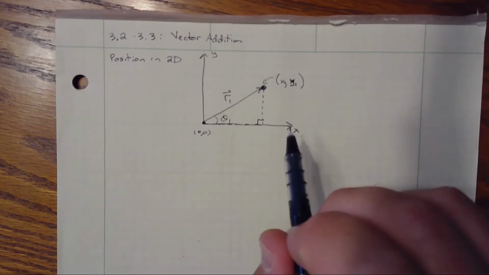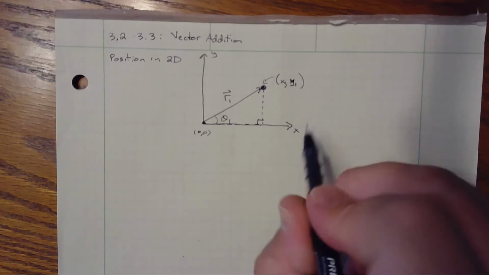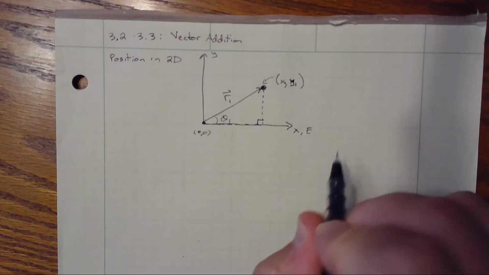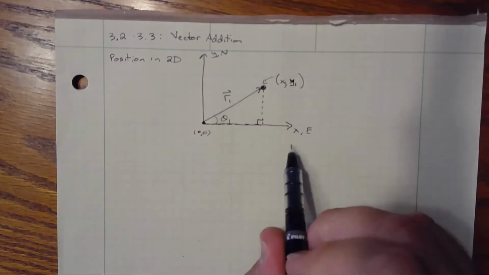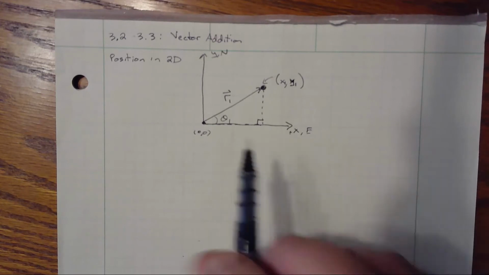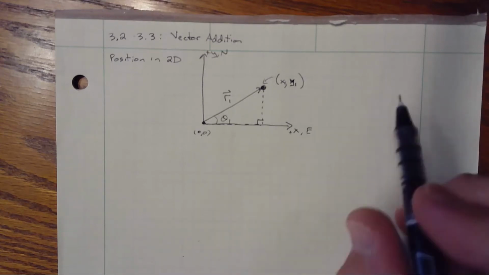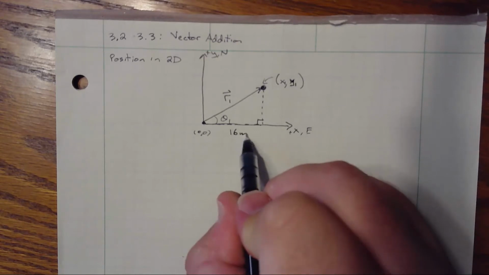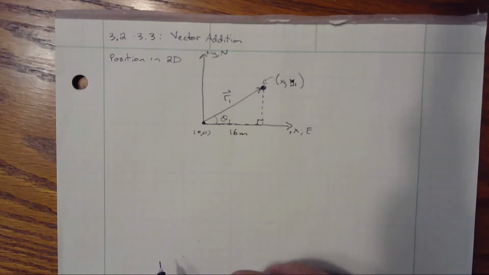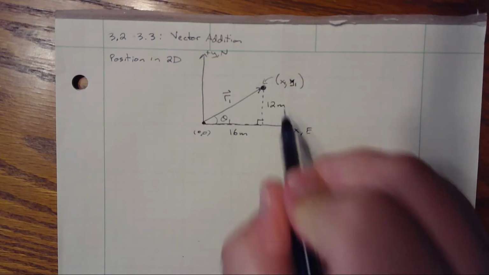And so let's say we have this vector here, and if I think about this as directions sort of north, south, east, west, then let's say due east is my positive x direction and due north is my positive y direction. And let's say that this vector R1 represents going 16 meters due east, so that would be 16 meters in the x direction, and then 12 meters in the y direction.